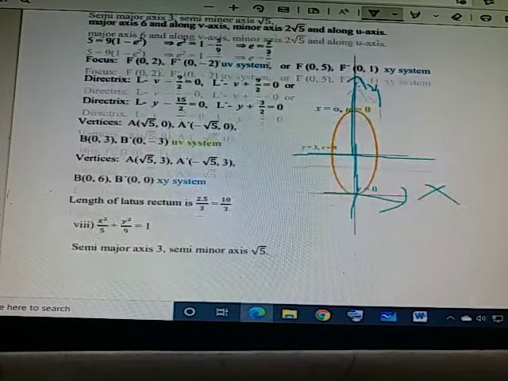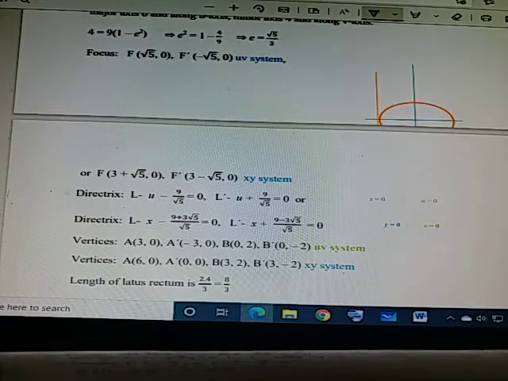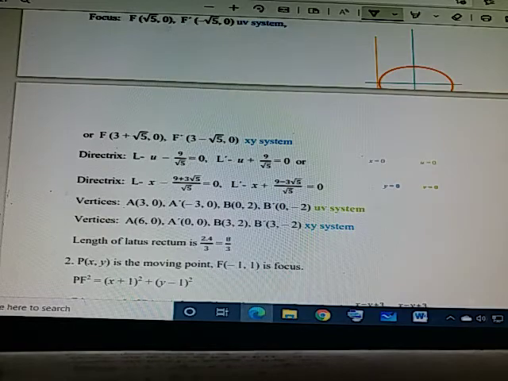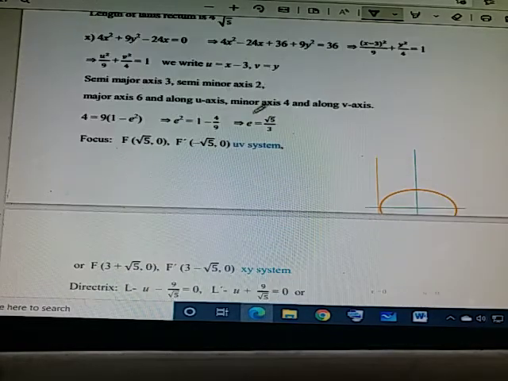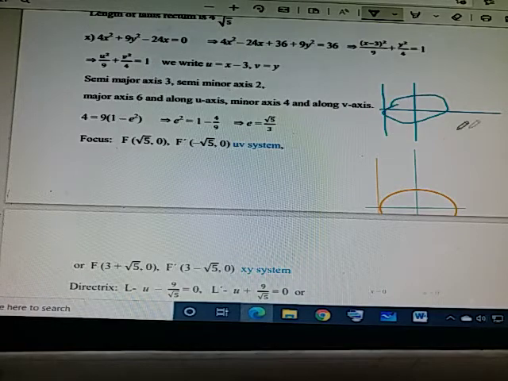And next problems are, oh, it gets cut out. So this we do, and this figure is like this, and this is another axis.